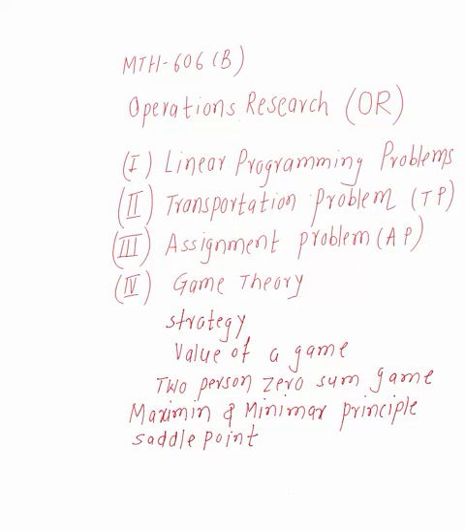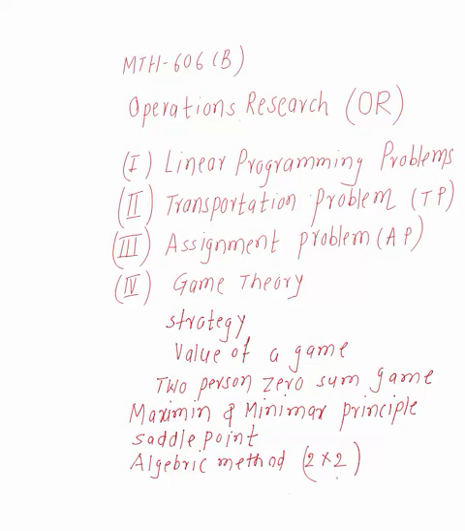And if it doesn't have a saddle point, then we use algebraic method to find a solution of two-person zero-sum game. It is used to solve 2 by 2 game, that is when both players have only two strategies to play.